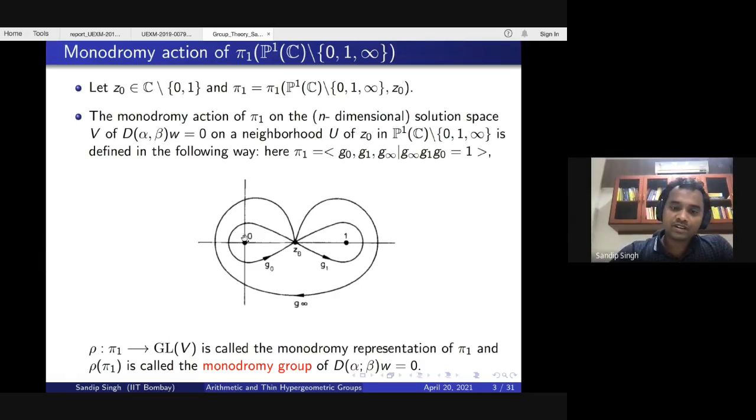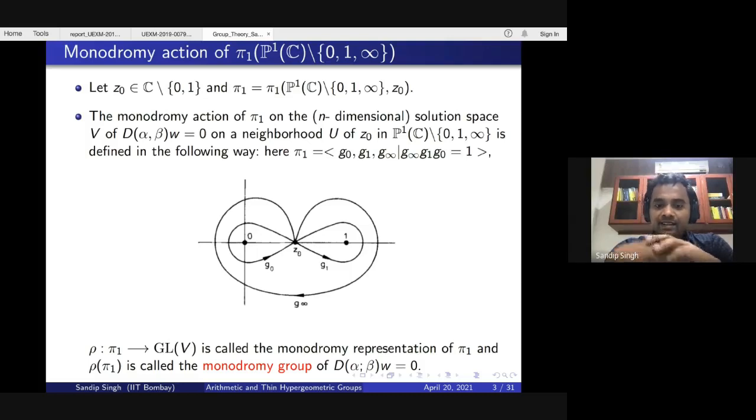By analytic continuation, you go along this loop G naught and come back to the point z naught. Then corresponding to fi, you get another analytic function hi, which is a solution of that differential equation in that local neighborhood U of z naught. You can write that hi as a linear combination of those n linearly independent functions f1, f2, ..., fn, and that can be done for all i between 1 and n.